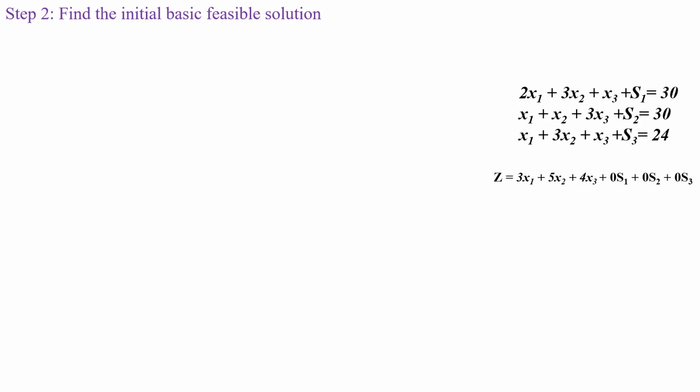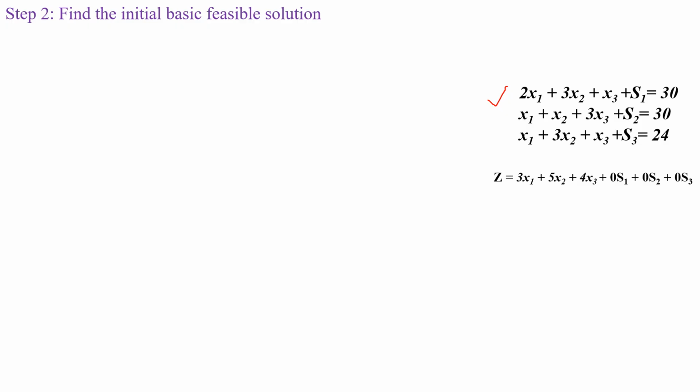Second step is to find the initial basic feasible solution. Here the number of equations is 3 and the number of variables is 6. Then to solve the equations, initially we consider the non-basic variables x1, x2, x3 to be 0.